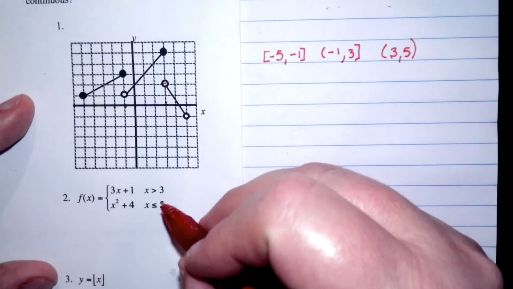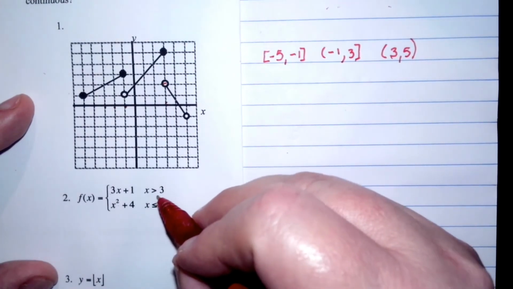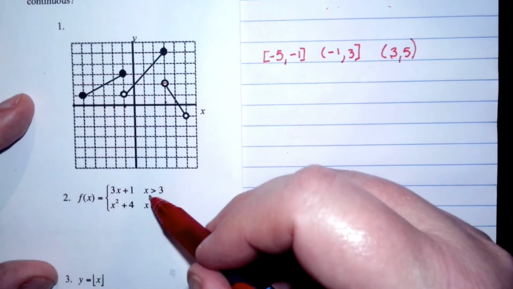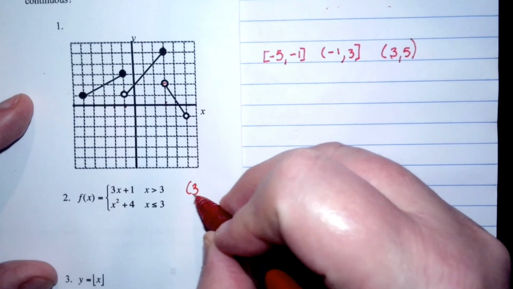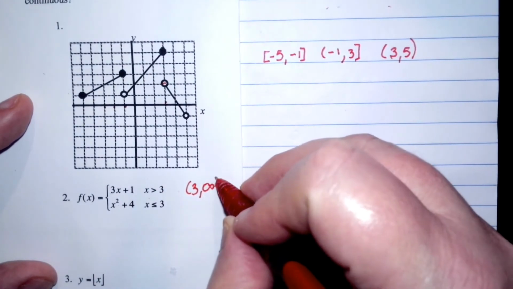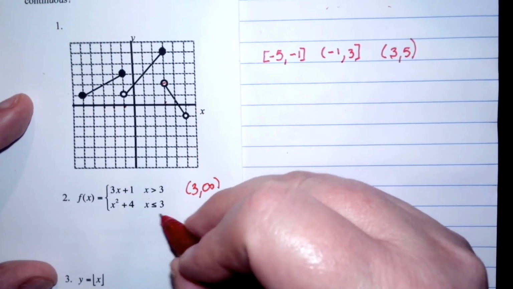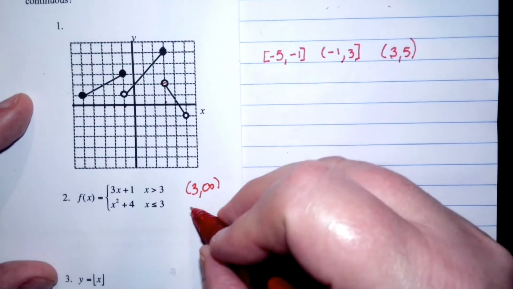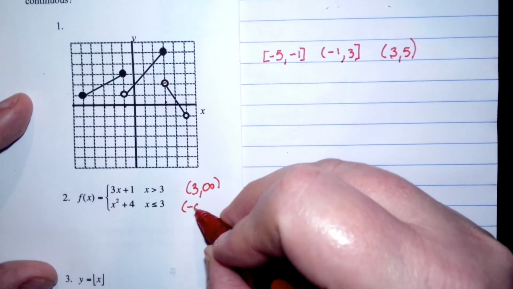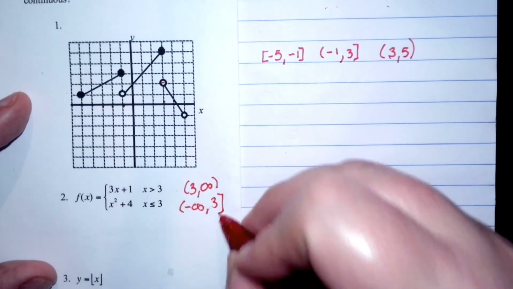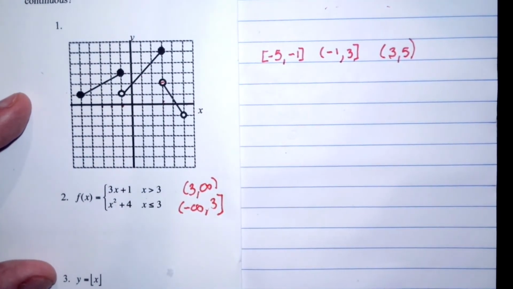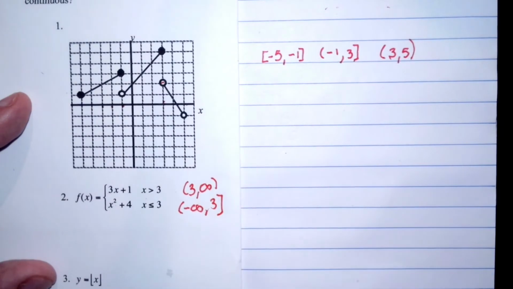So we know the function is continuous if x is bigger than 3, so that would be on the interval from 3 to infinity, not including the 3. And it's also continuous on the interval from -infinity to 3, and including the 3 this time, because of the or equal to part right here.